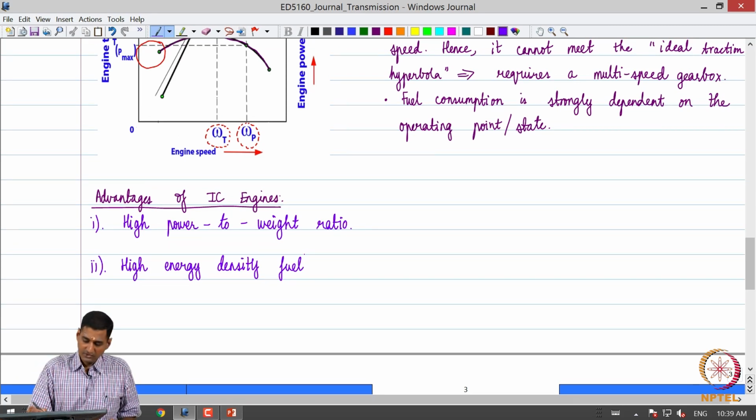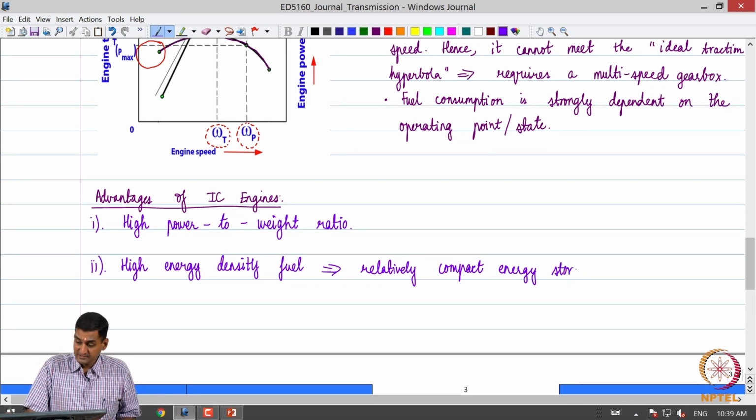Okay. So this implies that we are going to essentially have this advantage of relatively compact energy storage, and that is a big advantage or a plus point for an IC engine even today, right.